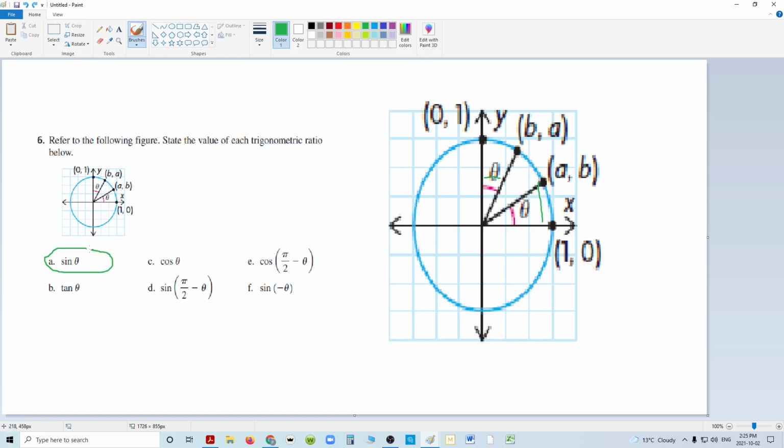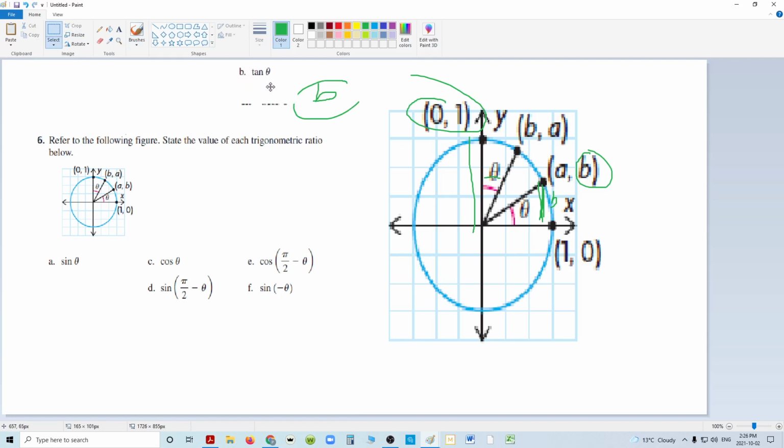Okay, sine of theta, it doesn't really matter which theta we take, but I can tell you that the height of this is going to be B. Oh, they even tell me that this radius is clearly 1 because the length up here is 1. So sine of theta in this case is equal to the opposite, which is b over r, but r is 1, so it's just b.